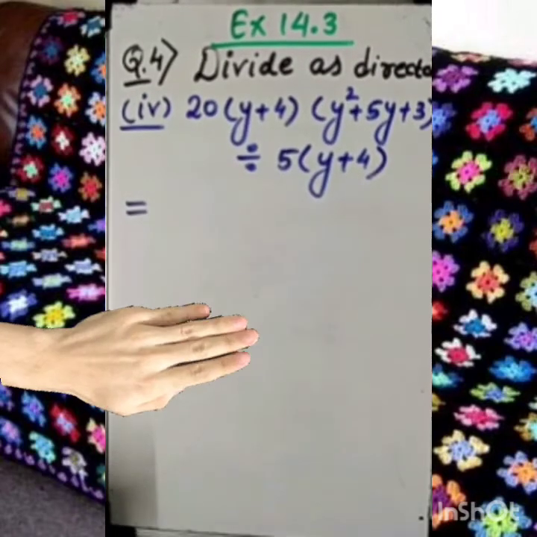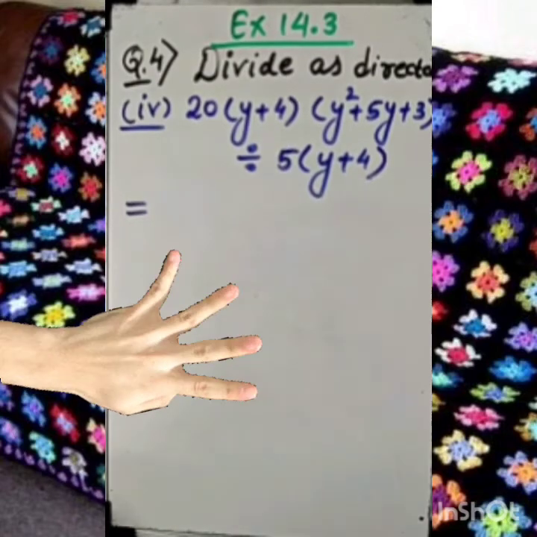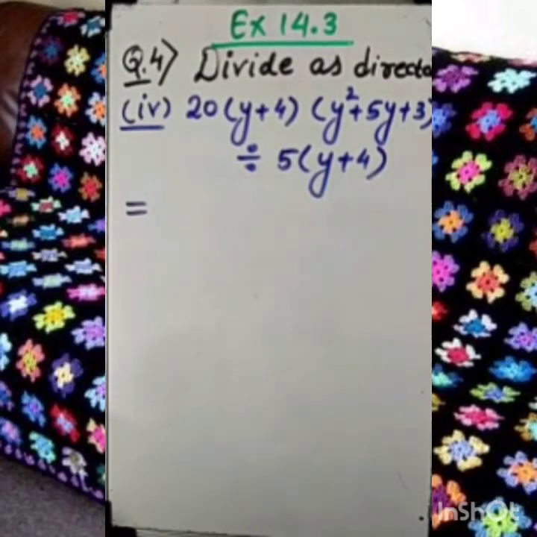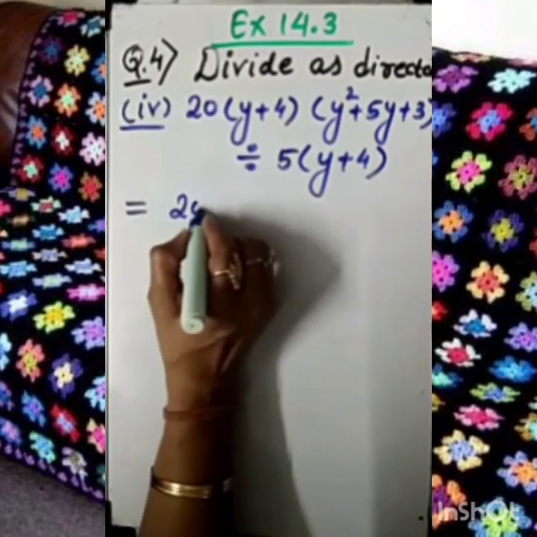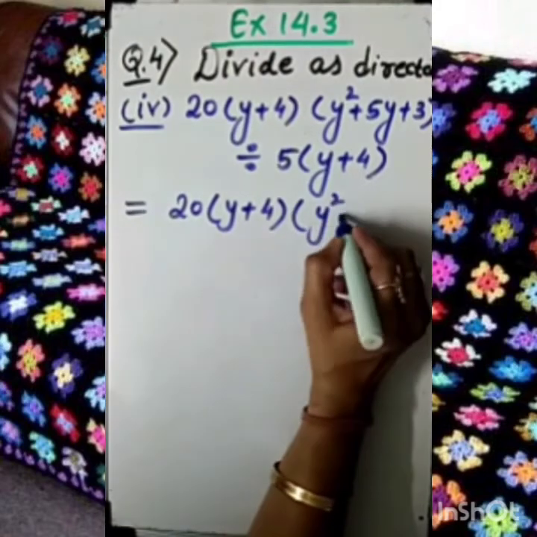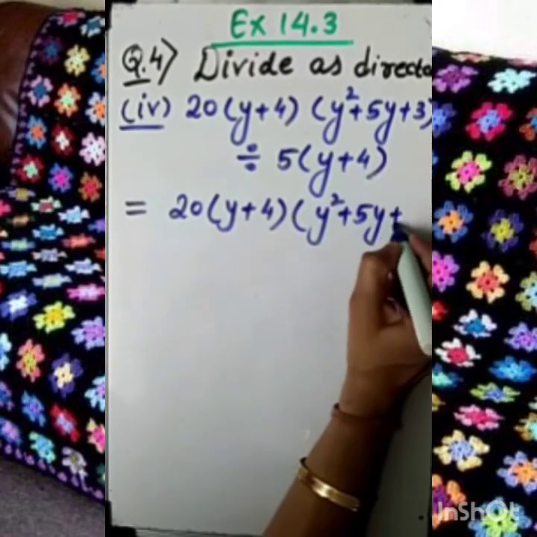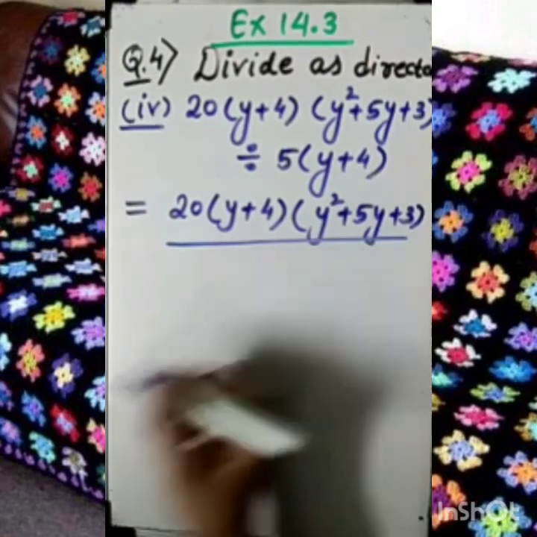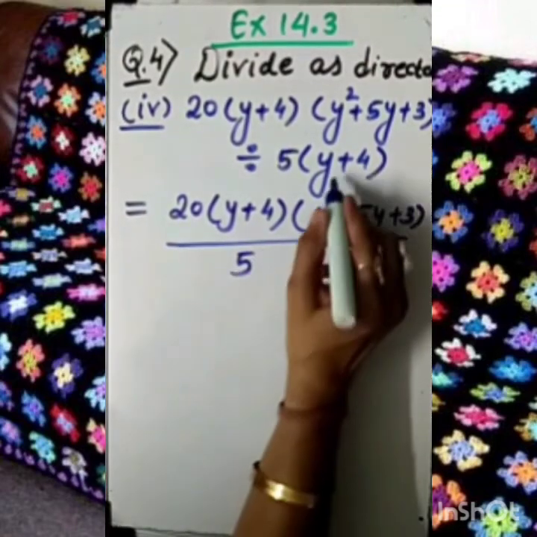So, dear student, here we are given the fourth question. You can see on your screen (20y plus 4) in one bracket, (y square plus 5y plus 3) in another bracket, which is divided by 5(y plus 4). Here 20y plus 4 I am writing in the numerator, and in another bracket y square plus 5y plus 3, divided by 5 and y plus 4.